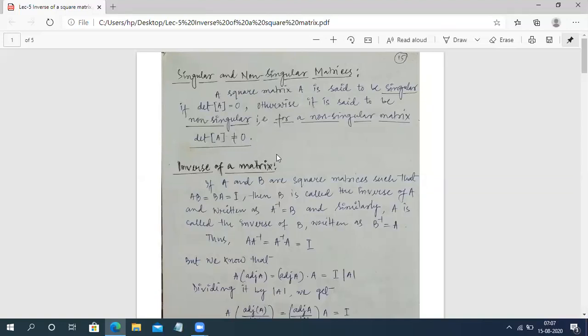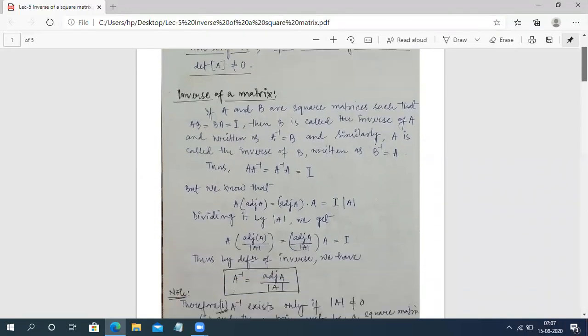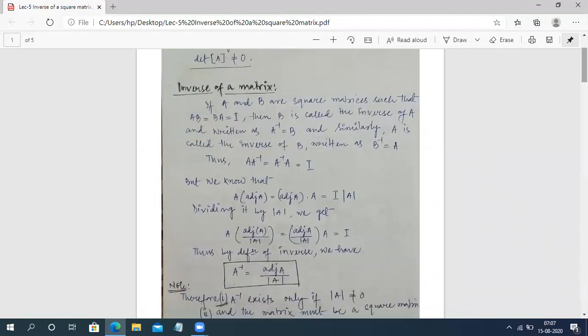Now in arithmetic, there are 4 operations: addition, subtraction, multiplication and division. But in abstract algebra, we say subtraction as the additive inverse and division as the multiplicative inverse. Suppose you have a number 2, and if you multiply this number with its reciprocal, that is 1 by 2, we will get 1.